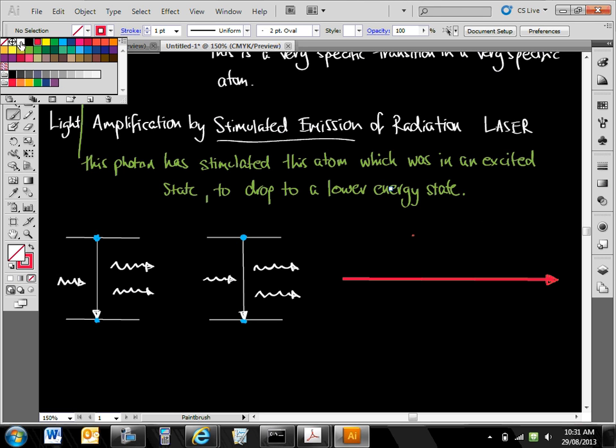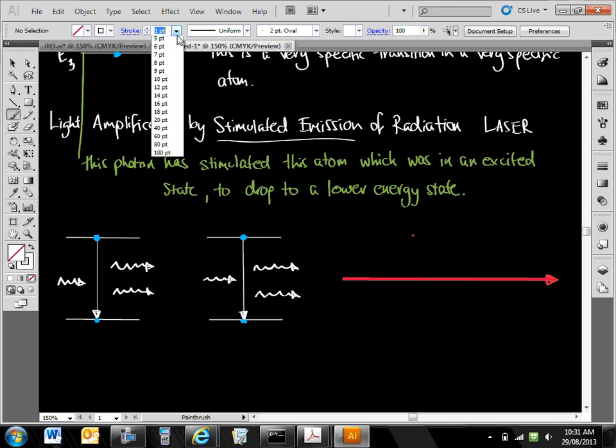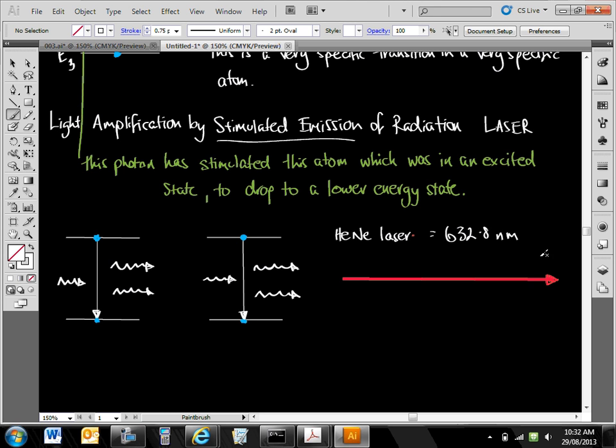The most common laser that we use in schools is a helium neon laser, HeNe laser, 632.8 nanometers. I think that's right. They know this wavelength pretty well.